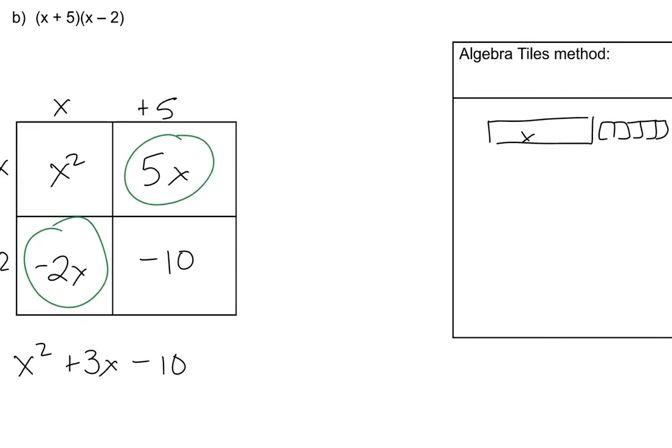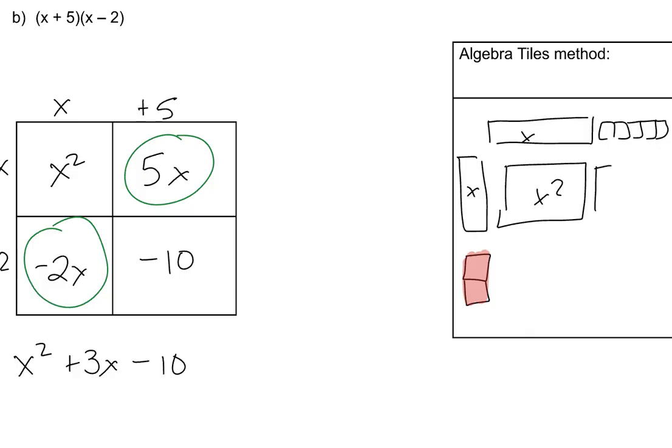Okay, and then I have x going down this way for my algebra tiles, and then I have 1, 2, but remember these guys are negative, so I'm going to color them in red. X times x is going to be x squared. I have 5 x's, so I have 5 ones times an x, so now I have 5 x's.